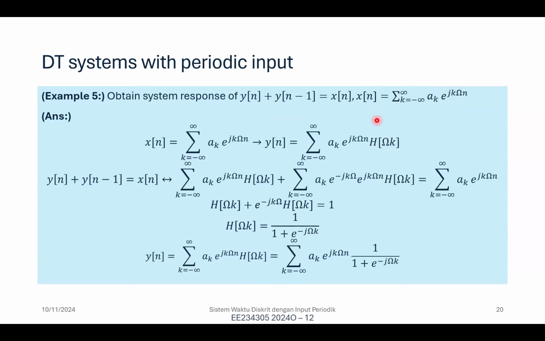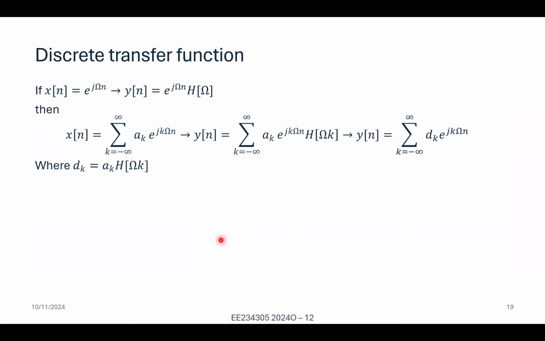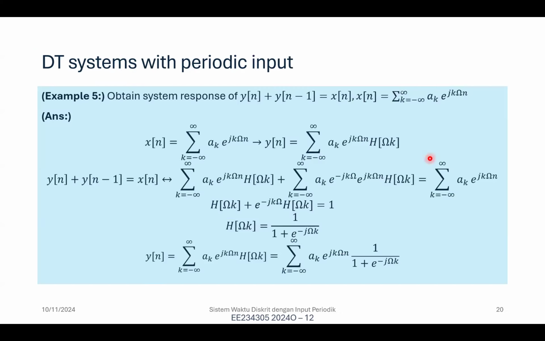Finally, from this x[n], we can also get y[n], from the concept that we have here. We can have y[n] as the sum of d_k, right?